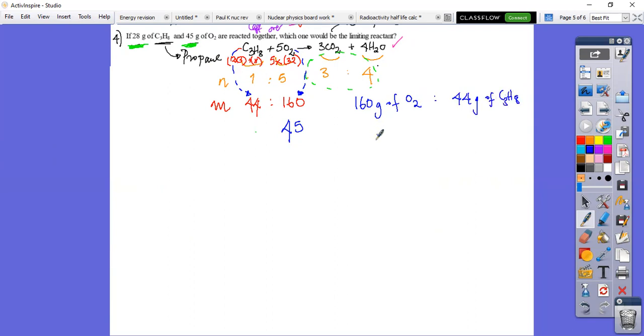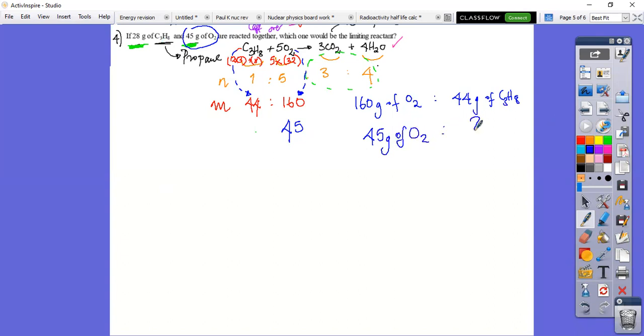Therefore, because it's this I've decided to stick to, I'm going to find a number and then compare it to what I actually have. That's what we do. You pick one of the two reactants. So now I'm saying, how much will 45 grams of O2 need?